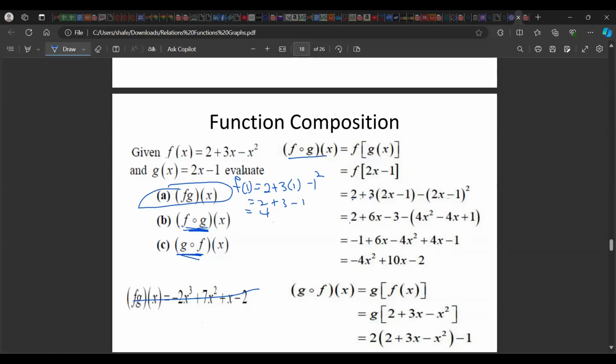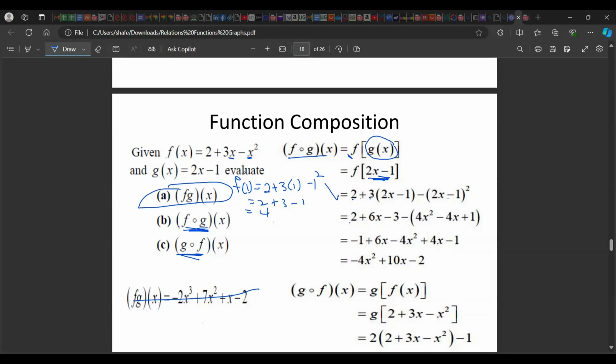The composite of f and g is like putting the whole of g of x in the place of x in f of x, right? We're putting the whole of g of x, which is 2x minus 1, in the place of x. You see these x's here, we're going to put it in their place, and that's what we see happening here.